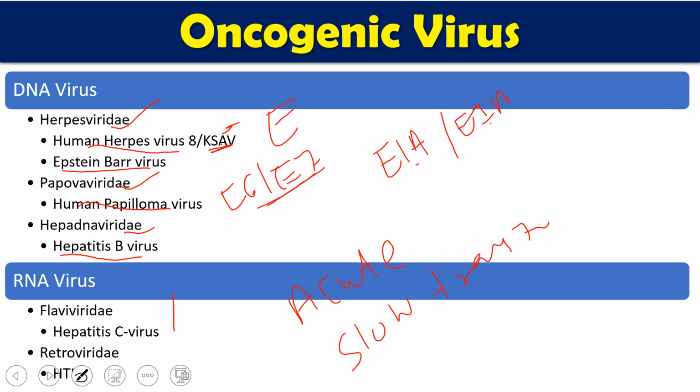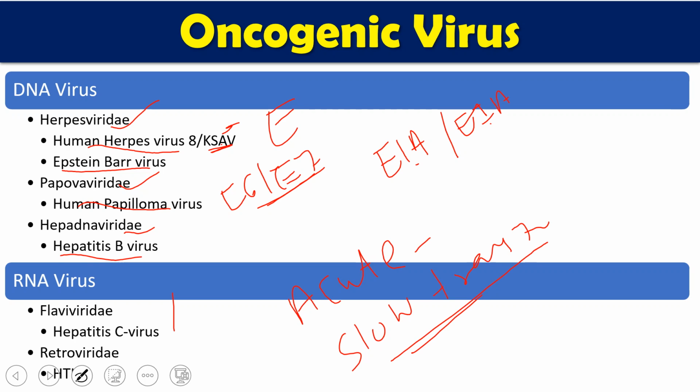Acute transforming cause rapid induction of the tumor in the animals. So acute transforming viruses have viral oncogenic genes. So we call them viral oncogenes, V-oncs. Slow transforming virus takes some time. They do not contain V-oncs, and they are replication competent and cause transformation of our host cells very slowly.